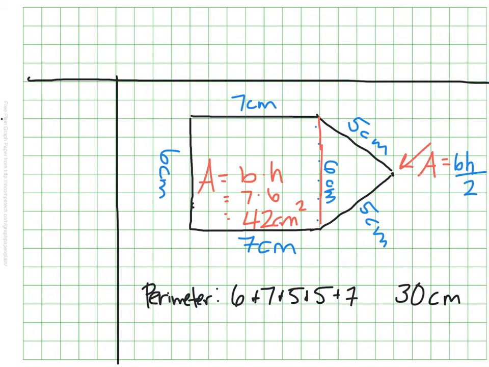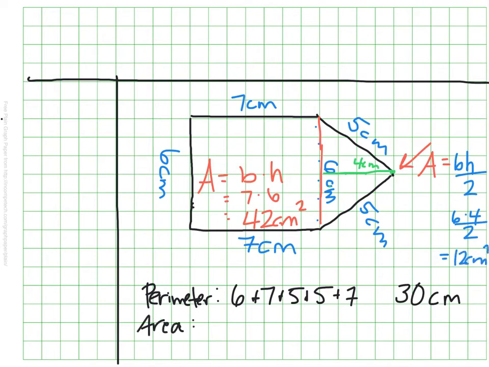But now I need to also find the height, which is not given already. So I need to remember that go to my top point of my triangle, drop my pencil down, make my right angle, and see that my height is 1, 2, 3, 4 centimeters. So I would go back over to my formula here, and I'm going to do 6 times 4, but then I'm going to cut that in half. And 6 times 4 is 24, half of that is 12. My area is 12 centimeters squared.